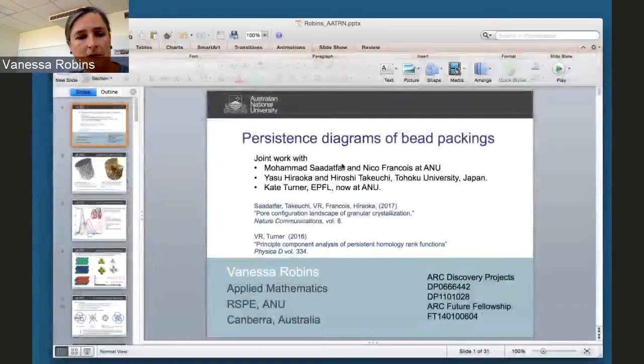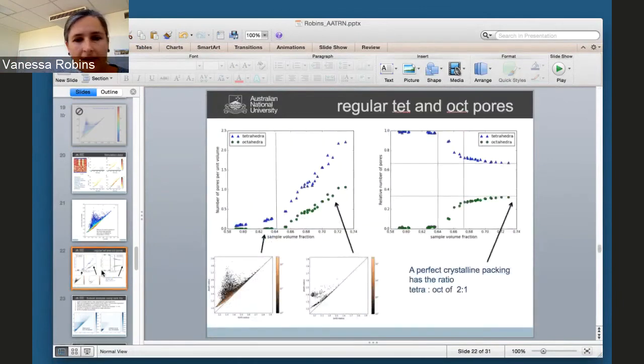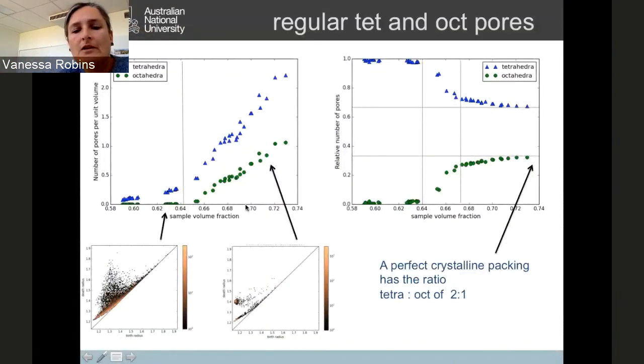Oh yeah, this is where I got out of sequence, so I want to go back to that plot here. If we break that down a little bit more, we can separate out the tetrahedral area and the octahedral area, and we can just count how many tetrahedra and octahedra are in each subset.